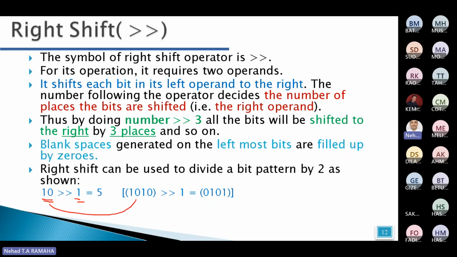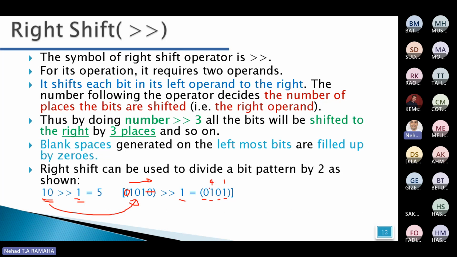So 10 in binary is 1010. Shifting by one digit, we speak about right shift. So right shift means we shift like this. Of course, we speak here about unsigned. So if it's unsigned, we shift by one digit and fill with 0. So it becomes 0101, which is 5, because this is 1 and this is 4.